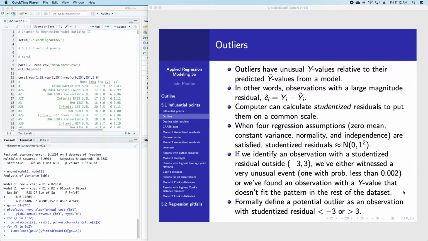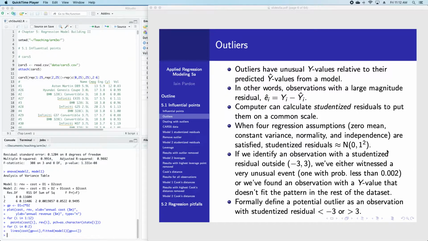There's various ways that residuals can be standardized, but the way that I'm going to focus on here is something called studentizing the residuals. Essentially what studentizing does is it puts the residuals on a common scale so that when we think about the four regression assumptions that we talked about earlier, so zero mean, constant variance, normality, and independence, then the studentized residuals have an approximate normal distribution with a mean of 0 and a standard deviation of 1 if those four assumptions are satisfied.